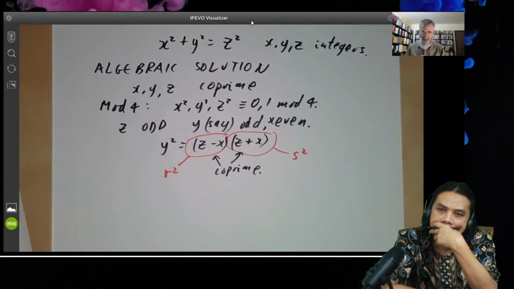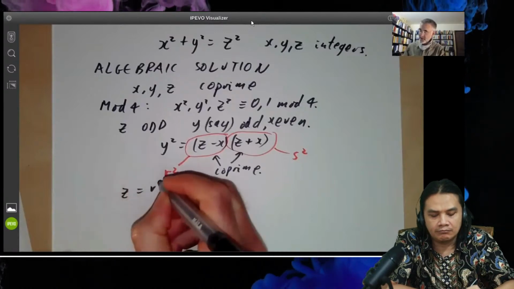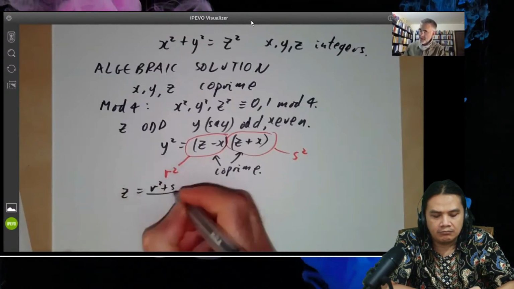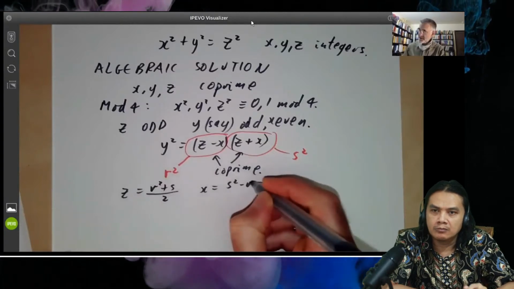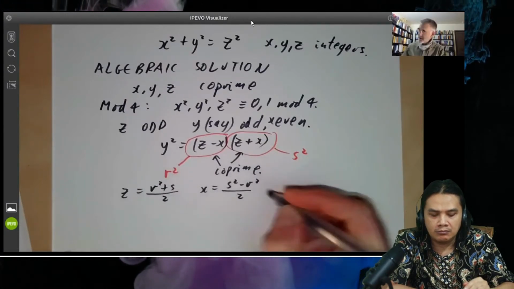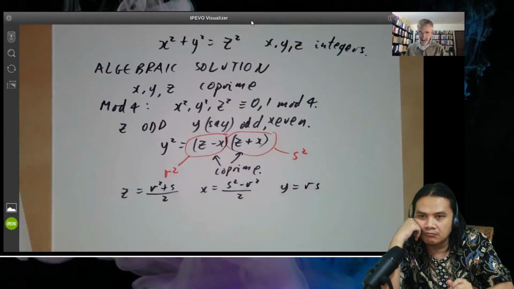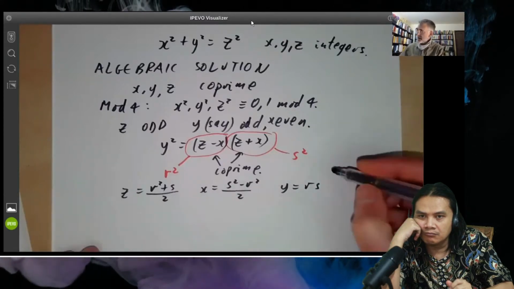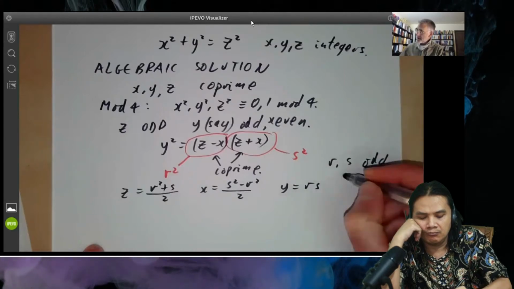Well, then we can solve for z and x. We find z is equal to (r squared plus s squared) over 2, and x is equal to (s squared minus r squared) over 2, and y is equal to rs. Here, r and s will be odd and co-prime.